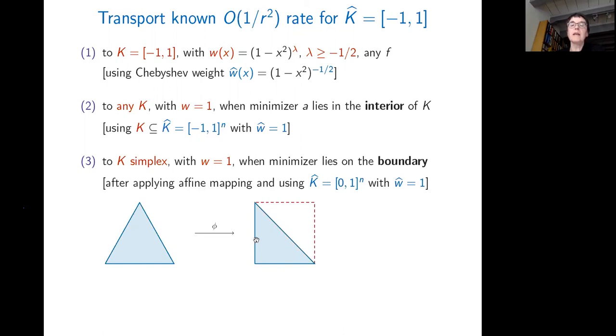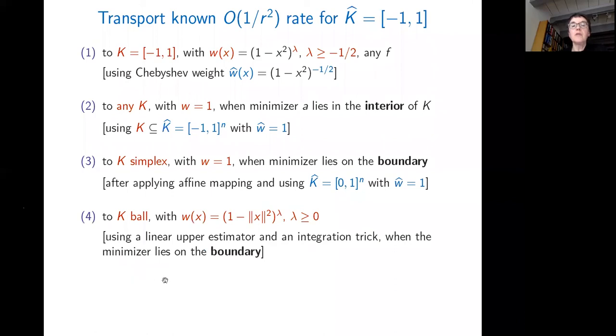So then we will have this local similarity around the global minimizer if the minimizer is on the boundary here or here. Because you can always manage not to put it here, otherwise you turn again your simplex. So we can do the simplex. We can do the ball.